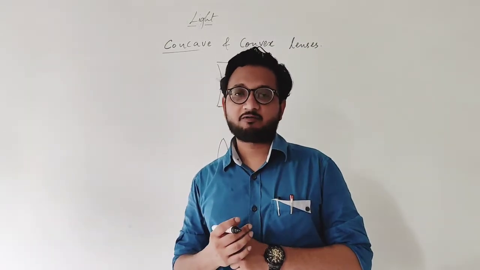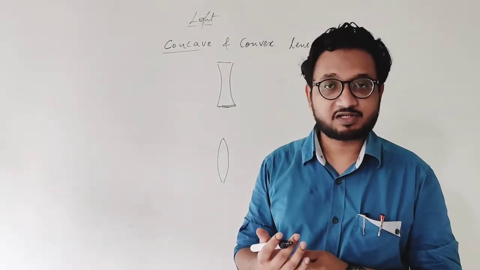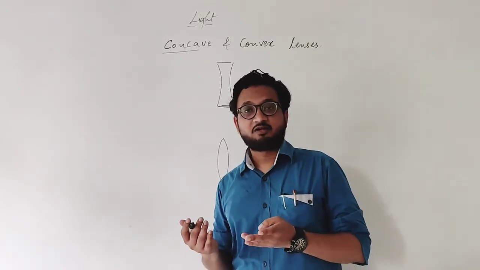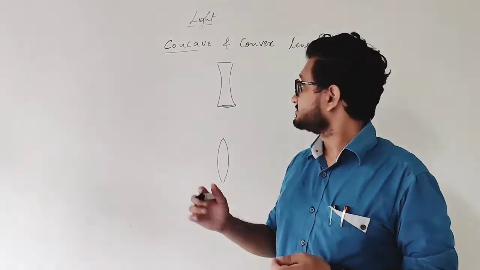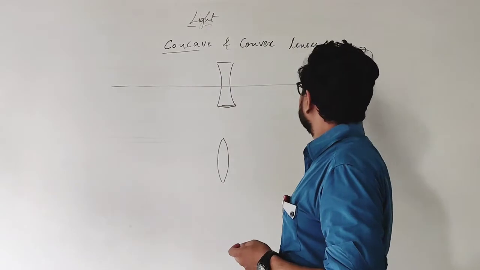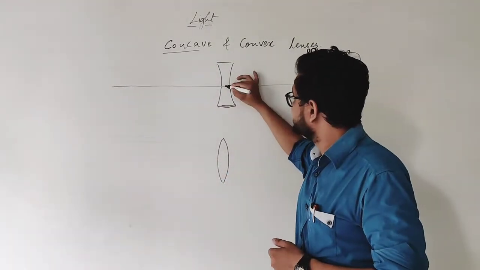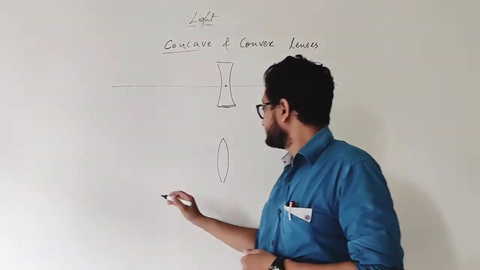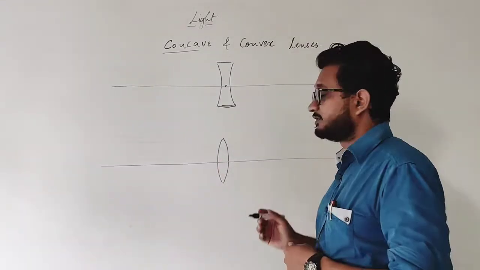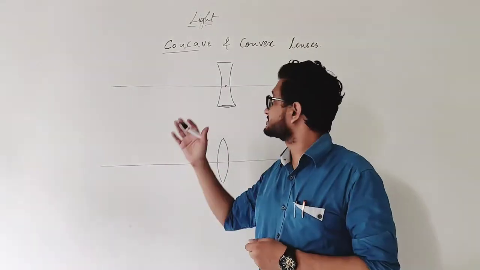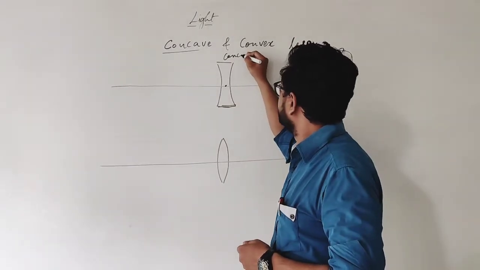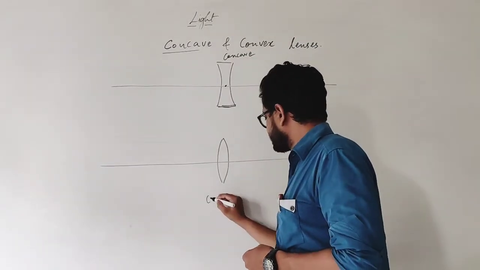So if you remember, for a mirror we had a center of curvature, we had a focus point, we had a principal axis. So similarly, let's say that this is the principal axis passing through the center of the lens. Okay, same thing over here for the convex as well. This is concave and the bottom one is convex.